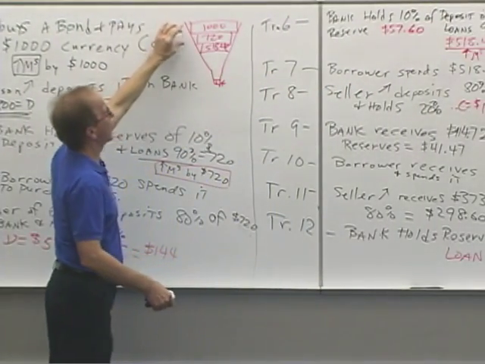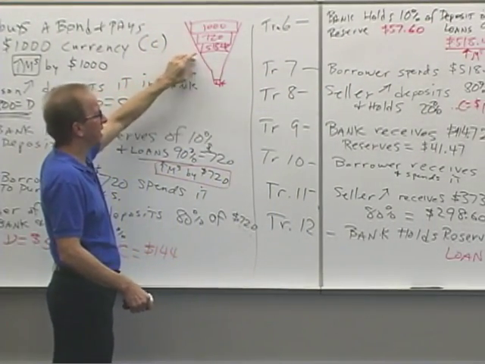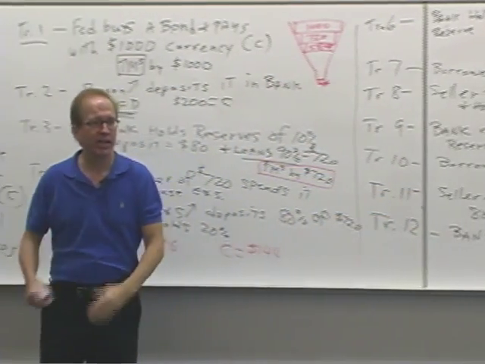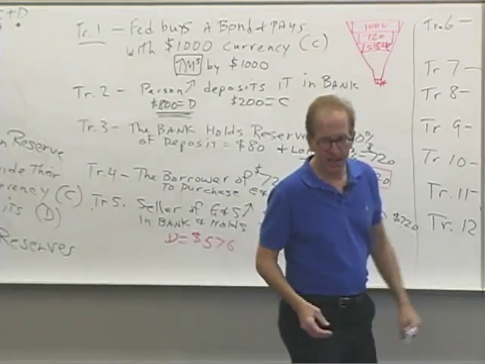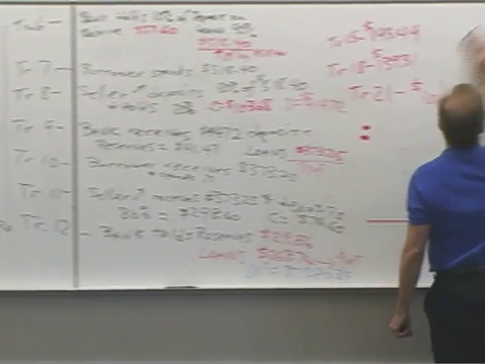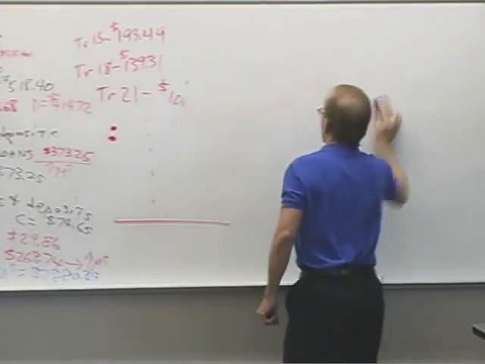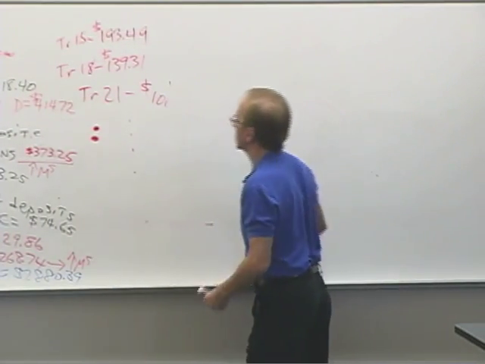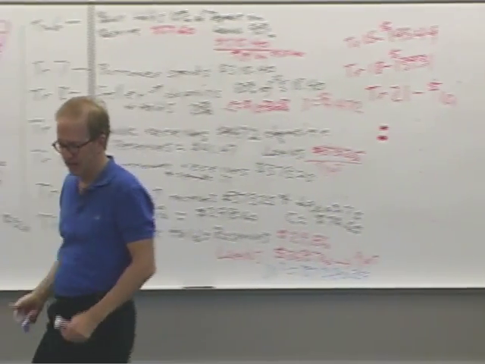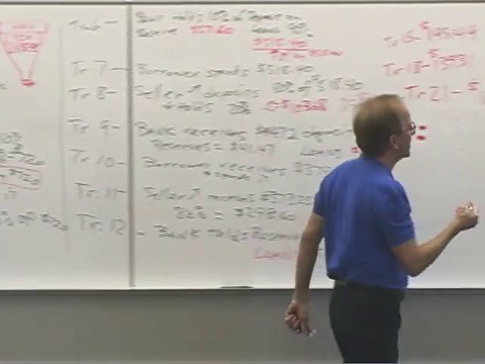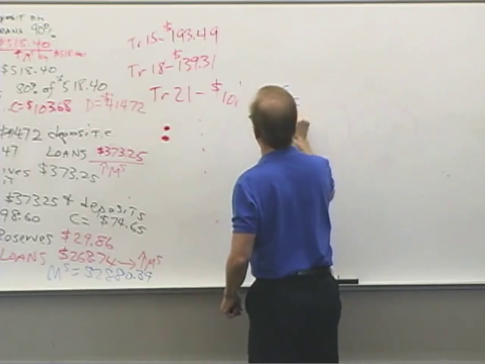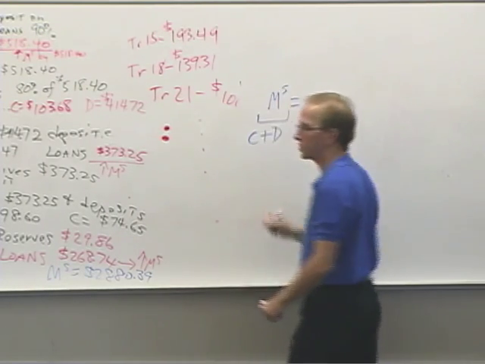And so if we wanted to add all these up, we could obviously just do a huge number of these transactions, 80 of them or whatever, and add them all up. But once we know about this process, then we don't have to do that. Here's what we have, and we're going to do some more of this next time. The money supply is equal to, and this is, by the way, currency plus checking deposits.